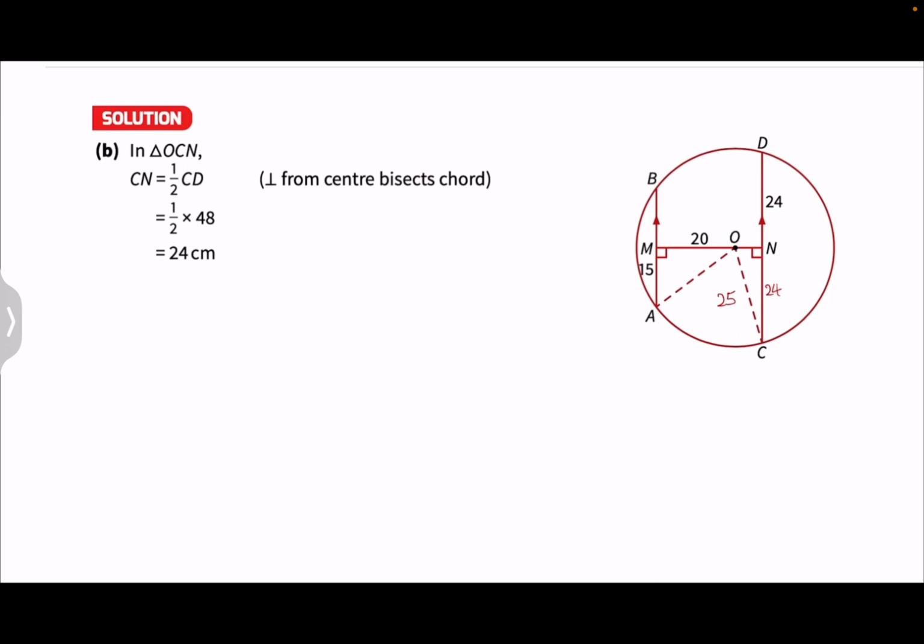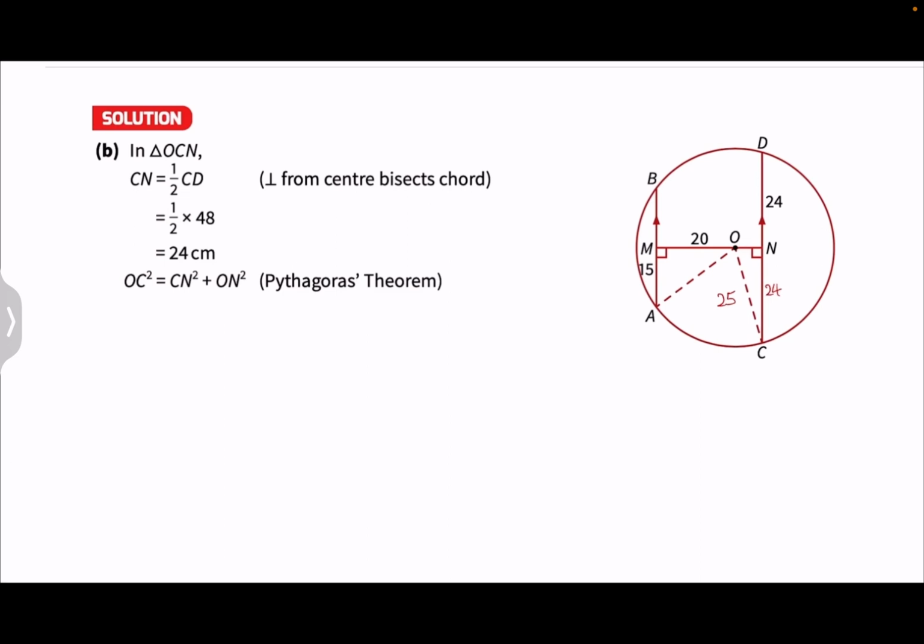So in this triangle OCN, we now have the length of the hypotenuse 25 and the length of CN, which is 24. We can find the length of this last side ON. So OC squared, the hypotenuse squared, will be the sum of squares of the other two sides, CN squared plus ON squared.